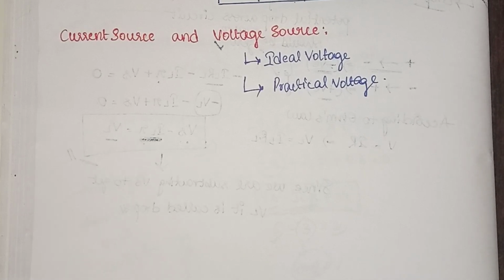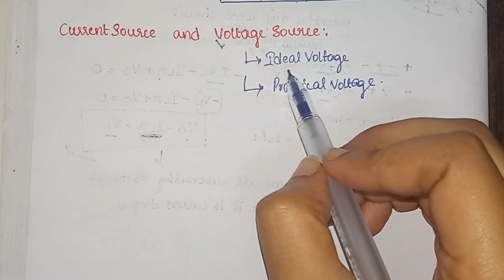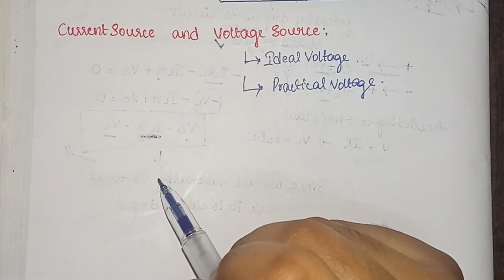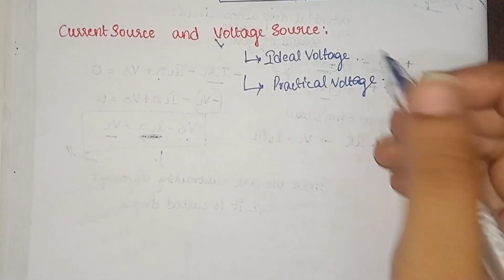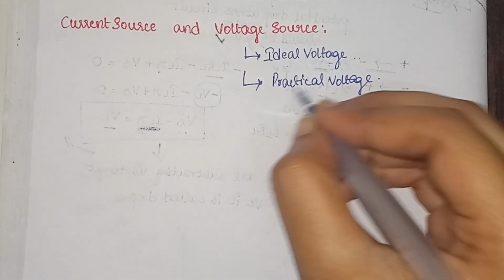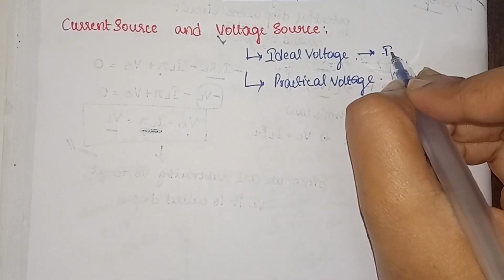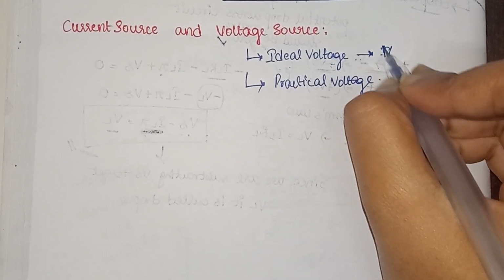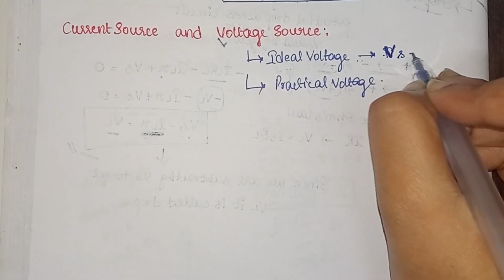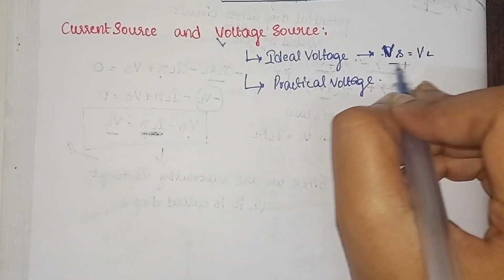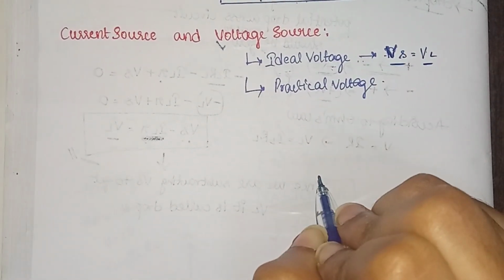It is only for our understanding purpose. These ideal situations do not exist in the real world. So why? Because in this ideal voltage part we get Vs is equal to VL, which is source voltage will be equal to load voltage.